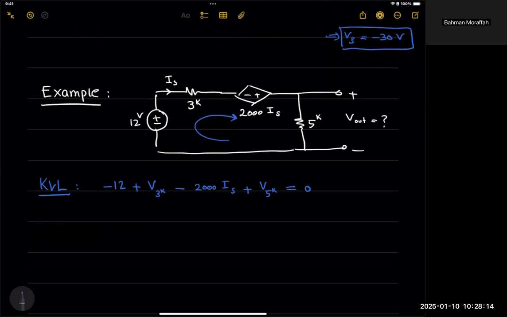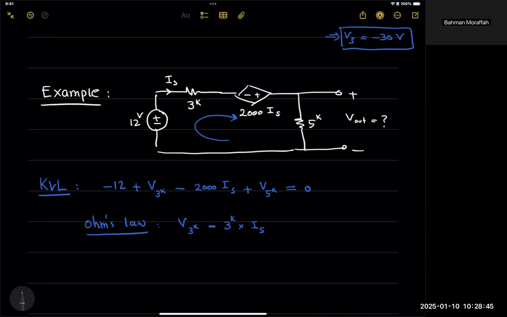If I look at this, I have 3 variables in this equation, but I only have one equation. So I have to write everything in terms of one thing. Because of Ohm's law, we know V across 3K is Ri. So it's 3K times IS, because the current through this 3K resistance is IS.